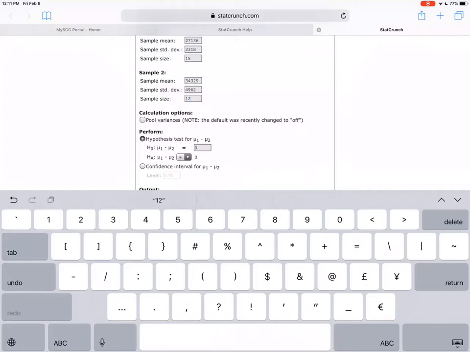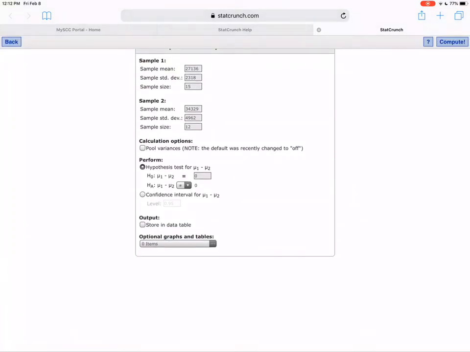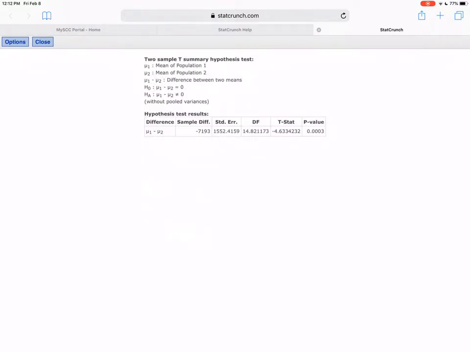And then again, right here, I get to choose whether I want to pool the variances. Since this is an example where the variances of the populations are not equal, I do not want to pool the variances. I want to keep everything separate. So I'm going to leave that box unchecked. This is a two-tailed test, so I'm going to leave that alternative hypothesis at not equal to, and I'm going to hit compute.